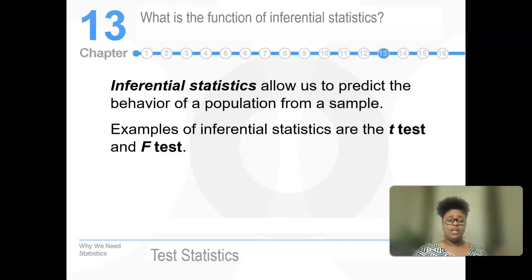So if I have a larger sample size and a larger number of variables to test, then I would use a more sophisticated test, such as the f-test versus the t-test.